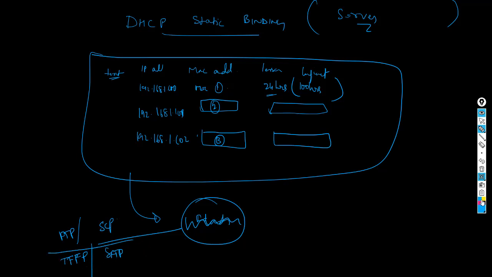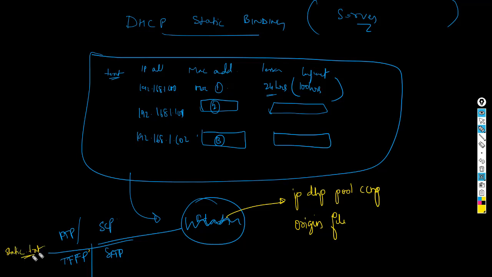Now what happens is I just go to the pool. I say IP DHCP pool CCNP. I'm gonna say origin file. Origin file is nothing but I have to point to this file. So let's say this file name was static IP over here .txt, and this file is now within this device, this DHCP server.